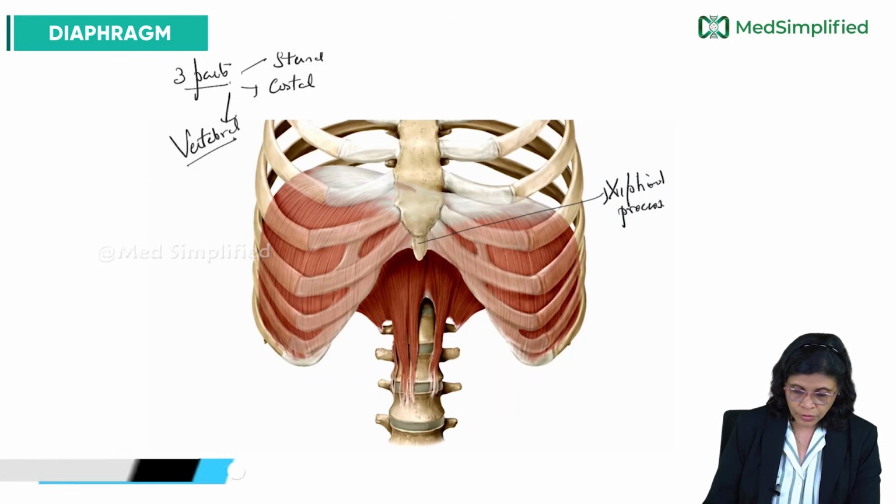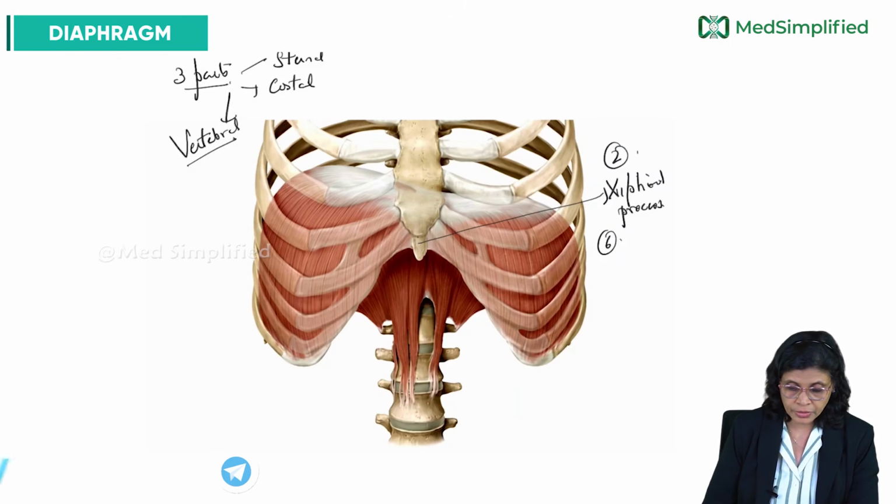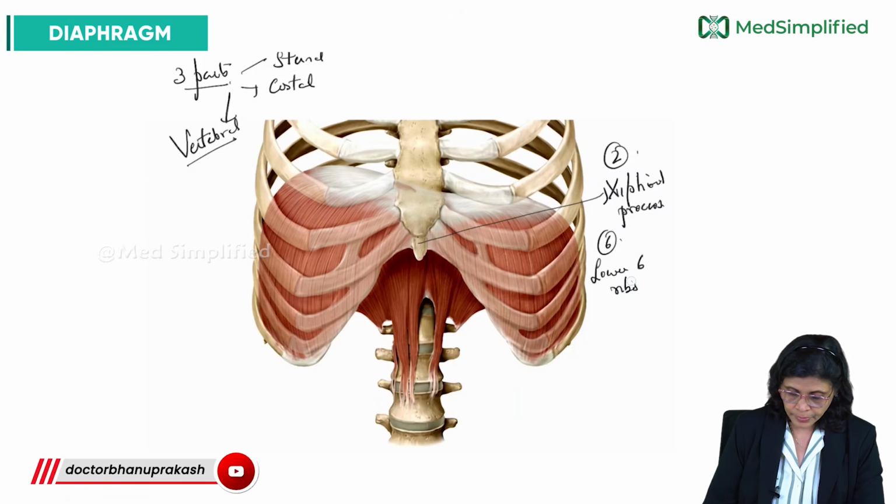Then we have the costal part, which consists of six fleshy slips that come from the inner surface of the lower 6 ribs, near the costal cartilages.